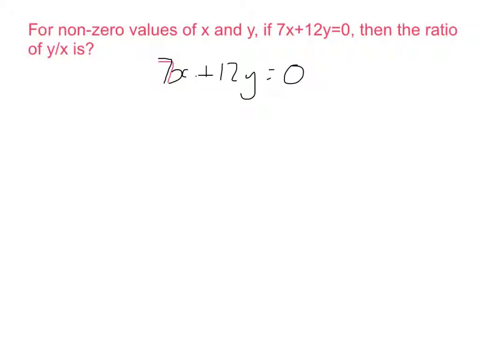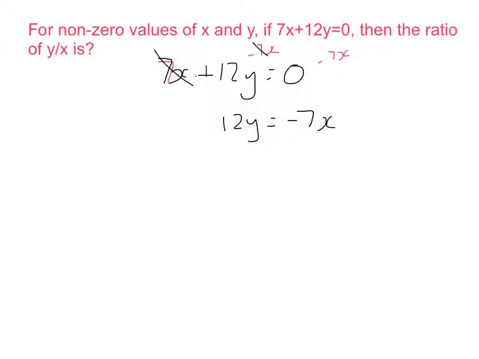Now if I take away 7x from both sides, it doesn't matter which one we took away, this will do. So 7x take away 7x cancels down on the left hand side, leaving us with 12y equal to negative 7x.